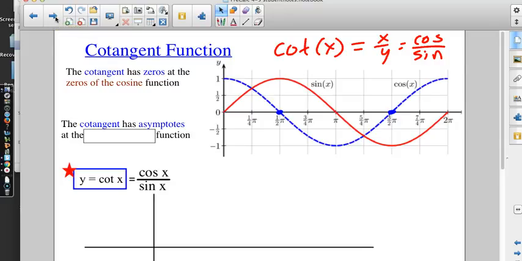And then the cotangent is going to have asymptotes wherever we see sine as 0 because that's on the bottom. So for cotangent, the asymptotes are going to occur at 0, at pi, at 2 pi, at 3 pi, etc. So cotangent, asymptotes at the zeros of the sine function.